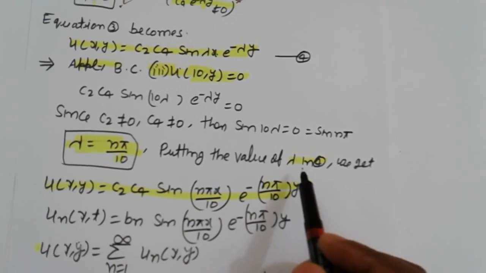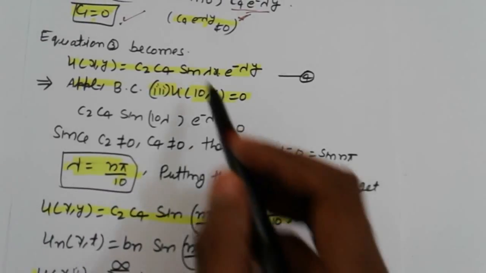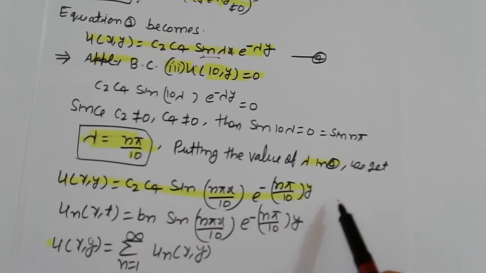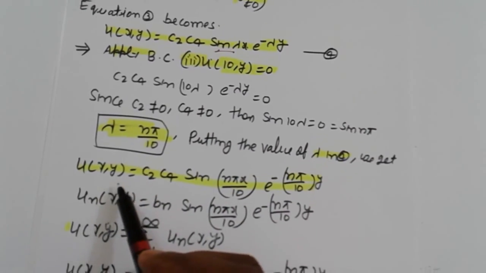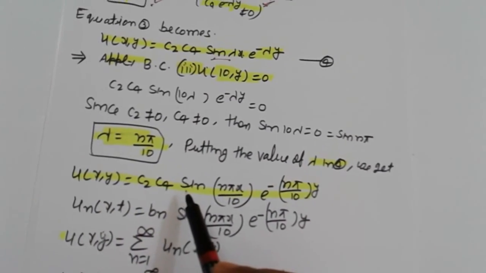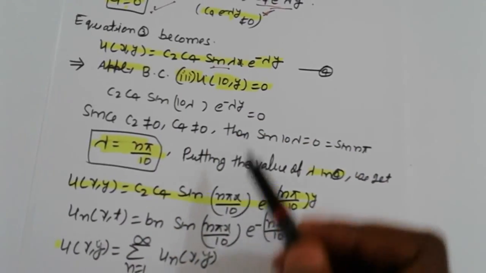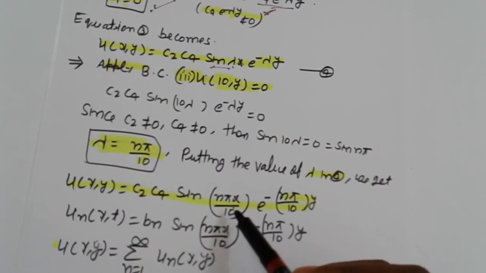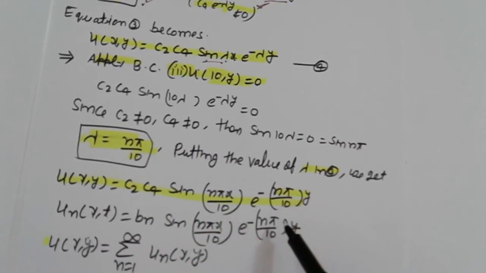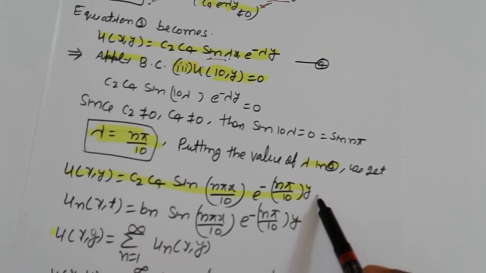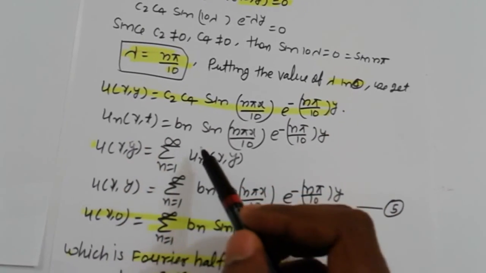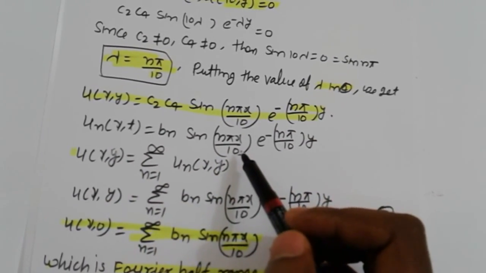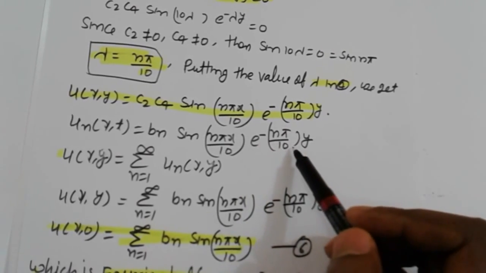Putting the value of λ in 4, we get u(x, y) = c2 c4 sin(nπx/10) e^(-nπy/10). Now let b_n = c2 c4, so u_n(x, y) = b_n sin(nπx/10) e^(-nπy/10).